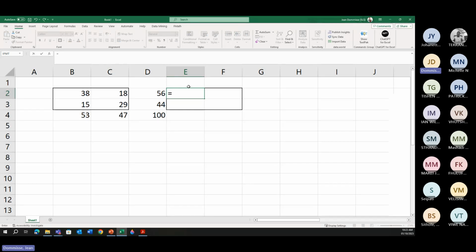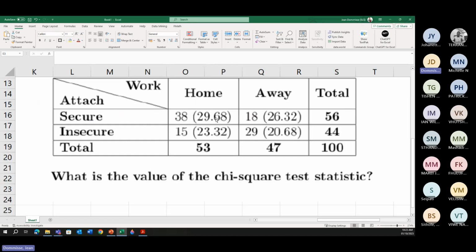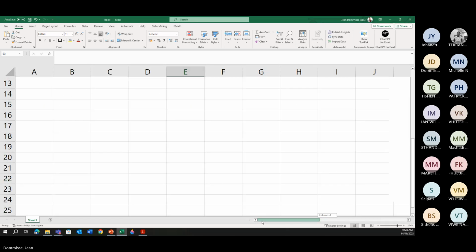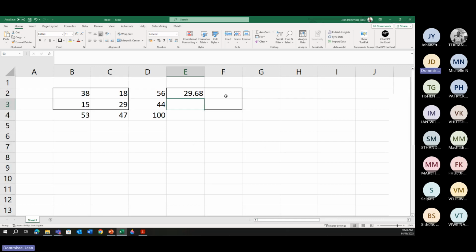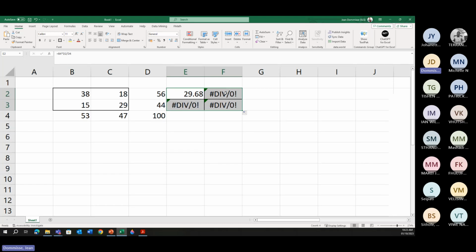So it is the sum of the one times the sum of the other one divided by the total. Okay, and you would see that that was 29.68. So again, one can decide how you want to do it.